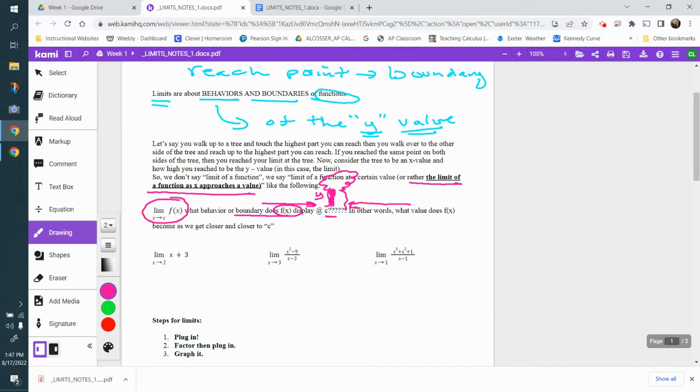Okay, so let's just write this one out. There are three ways to solve limits, finding the y value that you get as you approach a certain number. Take this first problem: the limit as x approaches 2 of x plus 3.